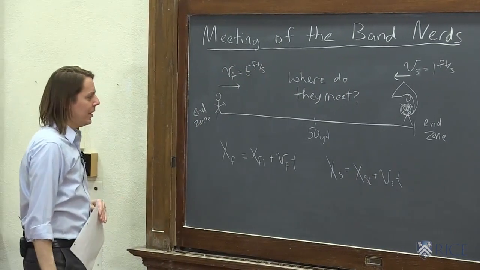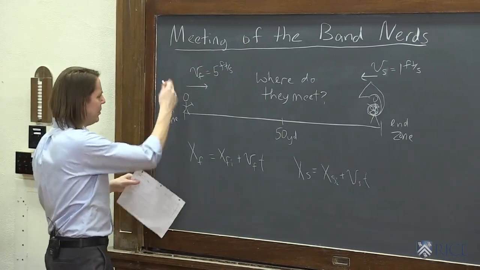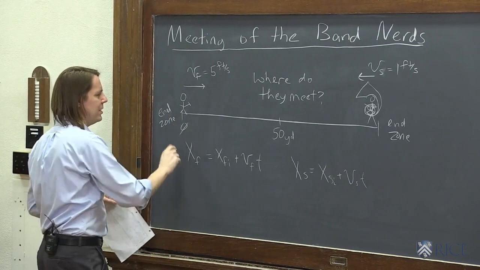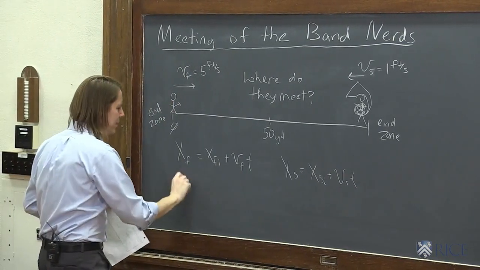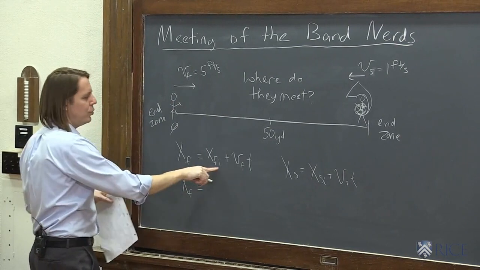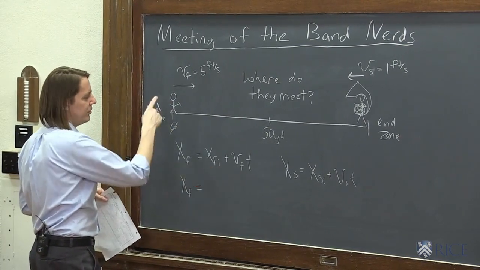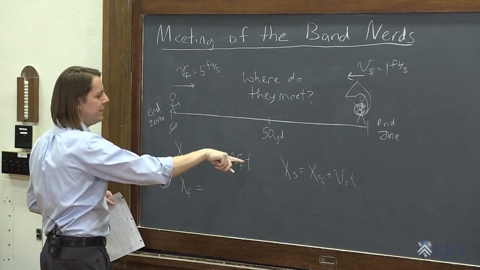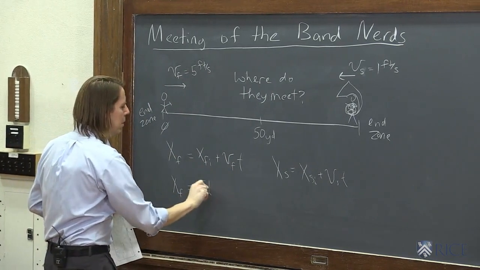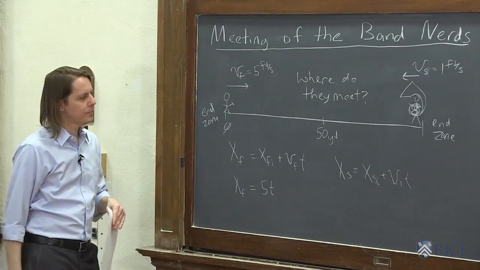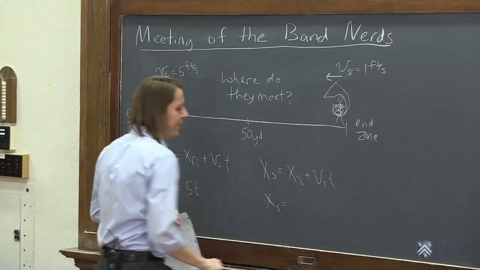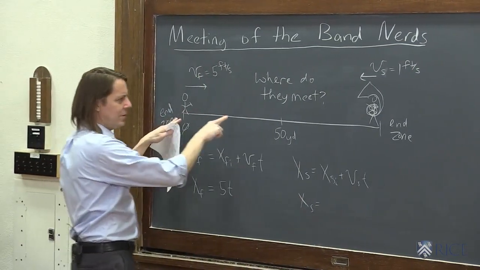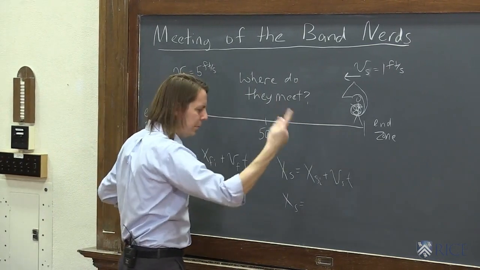All right? We could go ahead and put in numbers. If we consider this the origin for now, even though a football field is kind of strange, then the fast person has no initial position. They're at 0, and they're going at 5t if we're working in feet and seconds. And the slow person begins at an initial position of 100 yards, which is 300 feet.